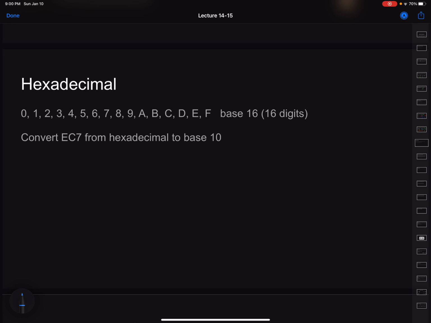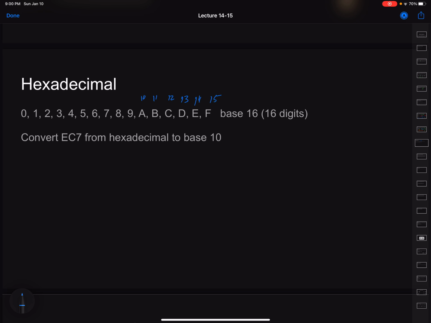A hexadecimal system is a base 16 system where we only have 10 digits, so we had to make a few up. We changed to letters, where A is a 10, B is 11, C is 12, D is 13, E is 14, and F is 15.